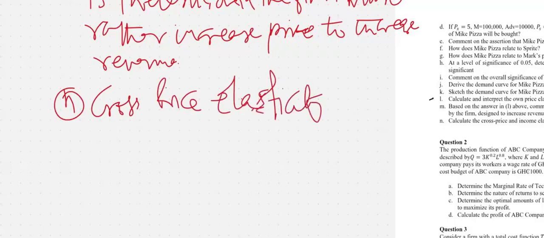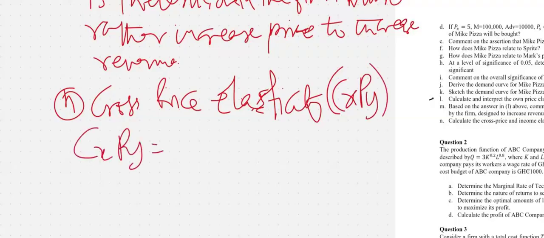So let me use CX and PY to state them. So into bracket CX and PY. Okay. So CXPY equals dQdx over, right?